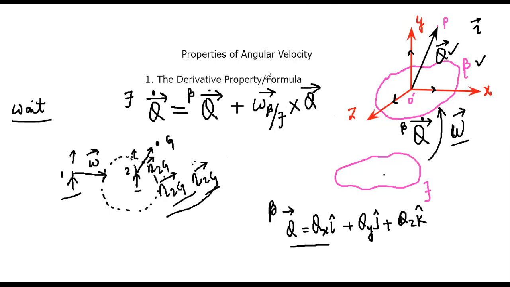Why is this derivative formula called the property of angular velocity?